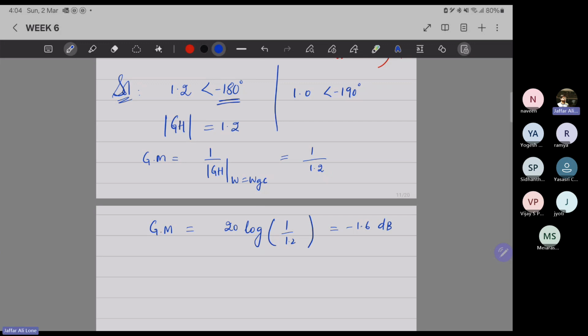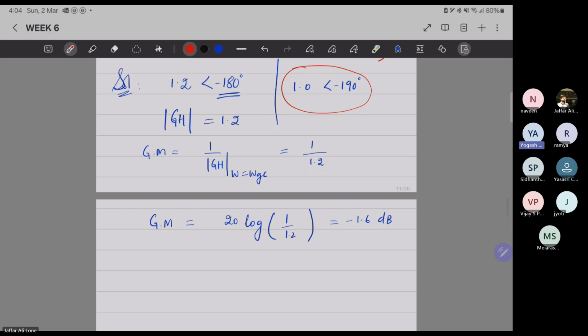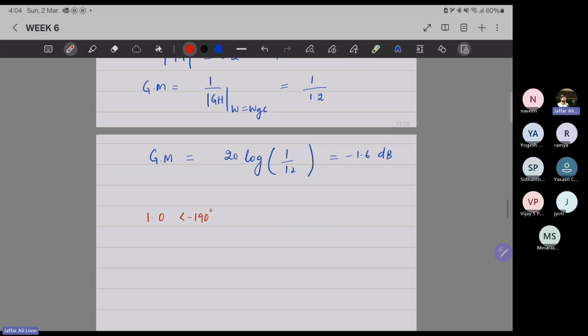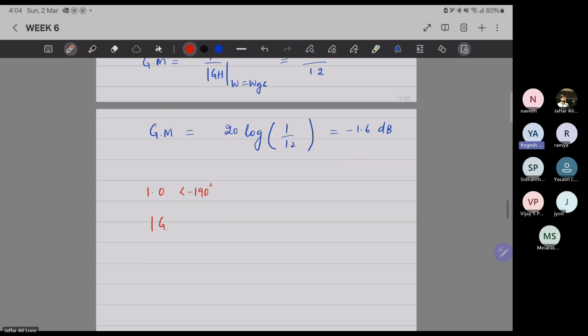Similarly, can you come up with a conclusion for the other part? You are given 1.0 and the angle is minus 190, so the magnitude is 1.